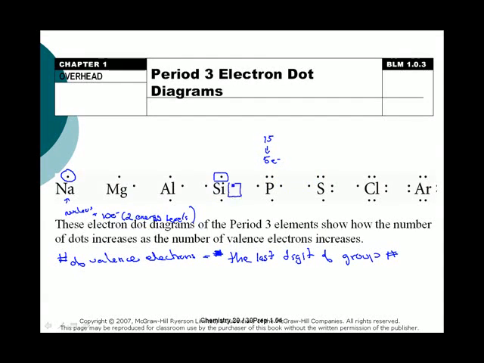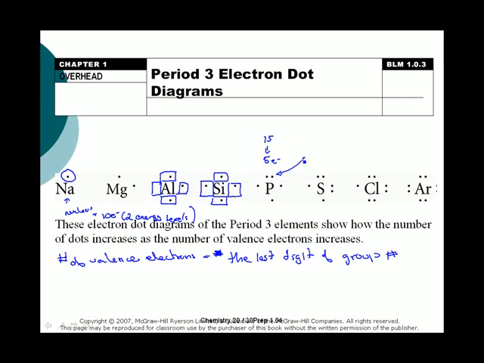So there's 1 orbital, another orbital, 3 orbitals, there's the 4th orbital. Electrons space out as much as possible, each one filling a spot. Even aluminum here has 4 orbitals. It has 3 orbitals that have 1 electron and 1 orbital that's empty. Once you fill all 4 orbitals, you have to start pairing them.